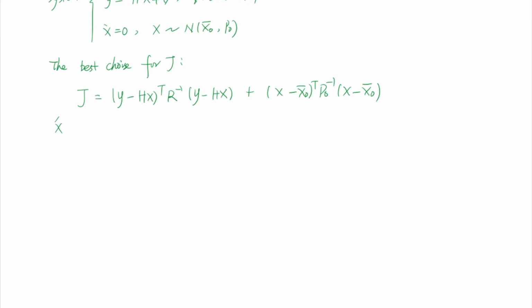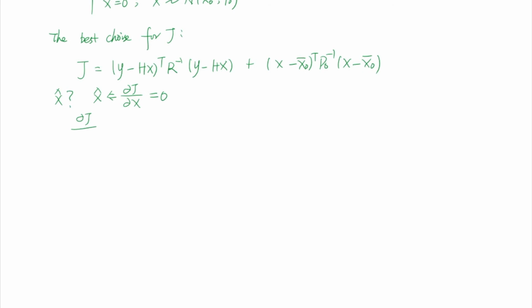Next, we want to obtain the optimal estimate for the state. We can achieve this by taking the partial derivative of J with respect to x and setting the result equal to 0. The expression for partial J partial x is the following. You need a little bit of trick in doing partial derivatives, and we can set the result equal to 0.